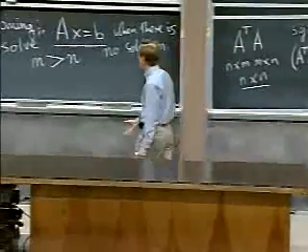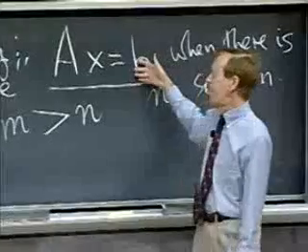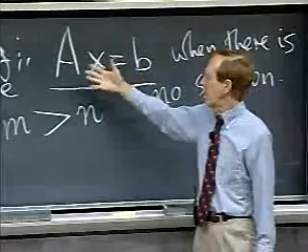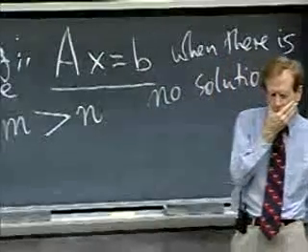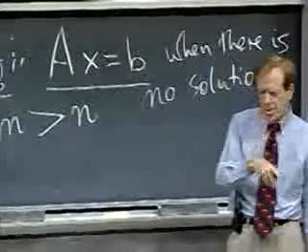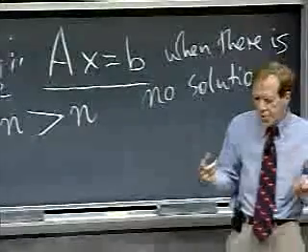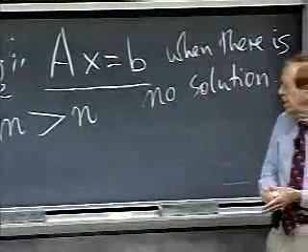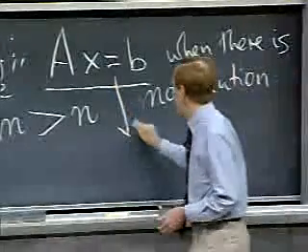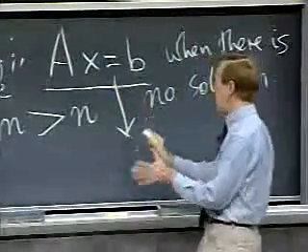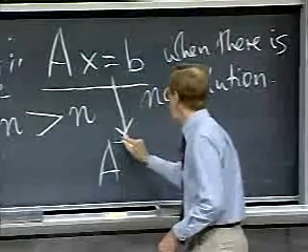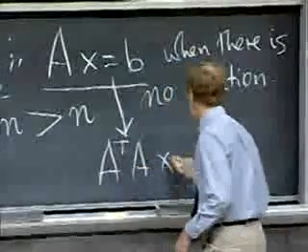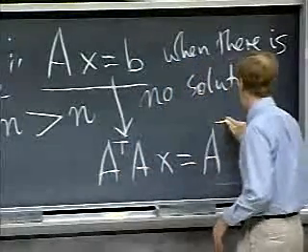Let me tell you what equation to solve when you can't solve that one. The good equation comes from multiplying both sides by A transpose. So the good equation that you get to is this one. A transpose A x equals A transpose b.